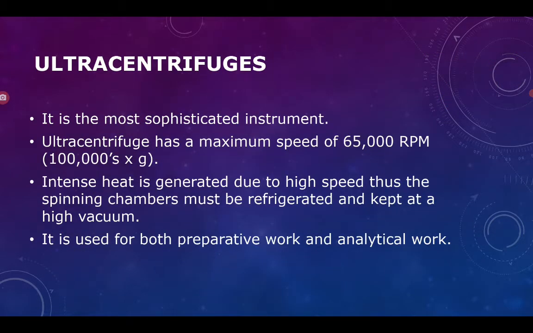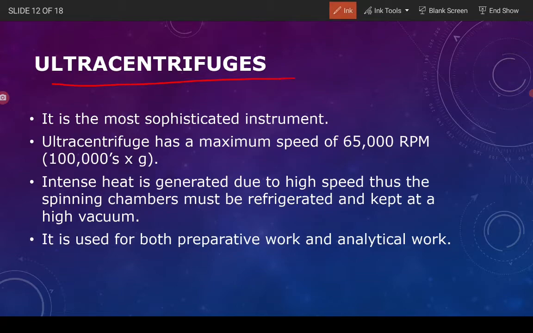Now ultracentrifuges. The third type of centrifuges is the ultracentrifuges. This is the most sophisticated instrument. Ultracentrifuges have a maximum speed of 65,000 to 100,000 rpm. Intense heat is generated due to the high speed, thus the spinning chamber must be refrigerated and kept at a high vacuum.